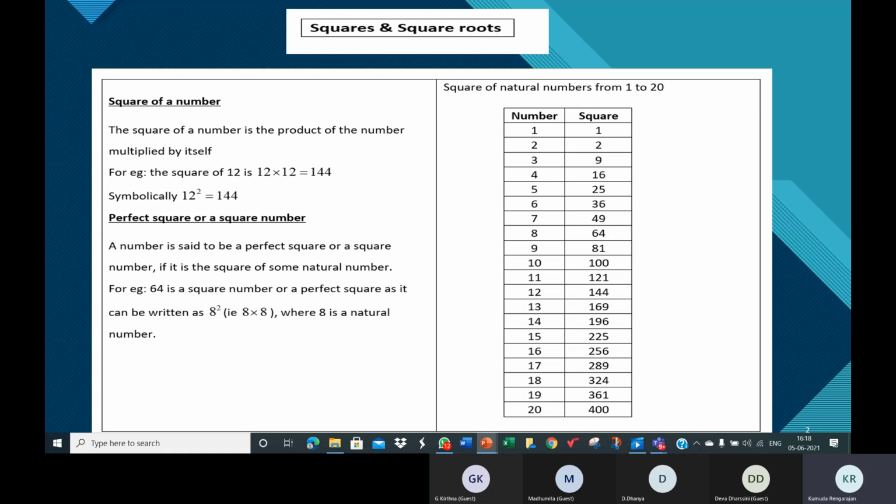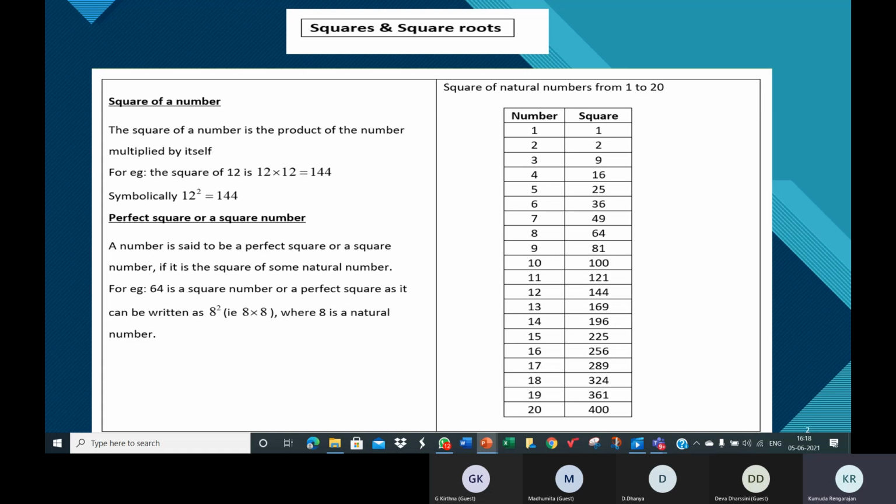So when you multiply this number with itself, the product will have how many decimal places? 8 decimal places, which means after the decimal point, there should be 8 digits.